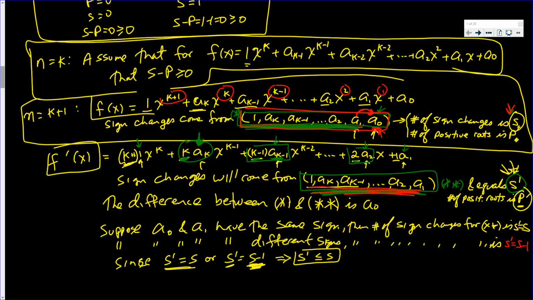P prime is the number of roots when it comes to f prime. Now, where are we? We said that f of x had p roots.